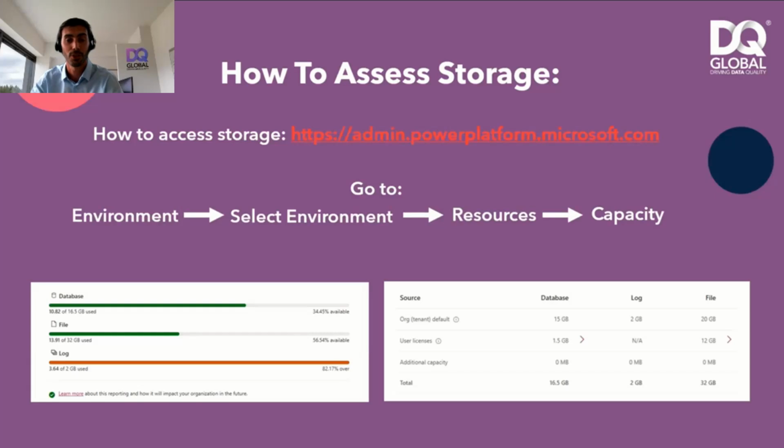And on top of that, for every user you purchase, you get additional storage. So you can see there, the user licenses row. We then have additional storage, which we might have purchased. And this is where we're getting that inflated storage cost. So we need to be conscious of what we're purchasing and how we might be able to bring that down. So that's step number 1. We're going to look at what we're storing in the database and what capacity we have.